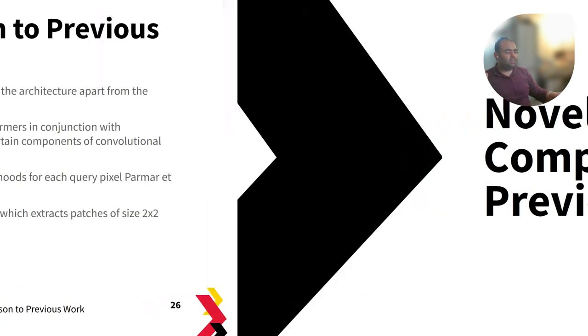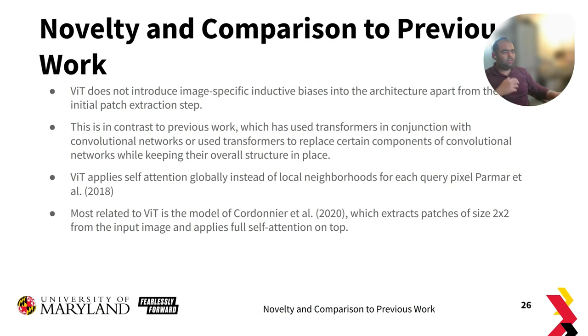So, novelty and comparison. ViT does not use any sort of convolutional operation, which is very novel in this field. It does not use any hybrid model combining transformers with any CNN layers. It just uses vanilla transformers for all the classification. The earliest self-attention method that was used in vision classification problems was to apply self-attention in local patches instead of global patches.